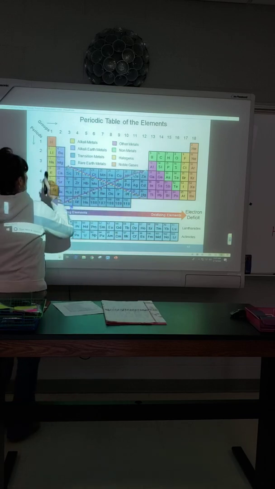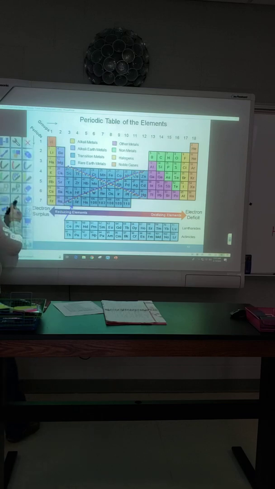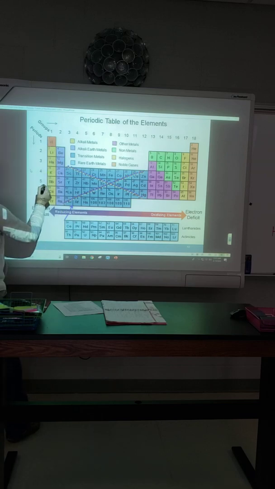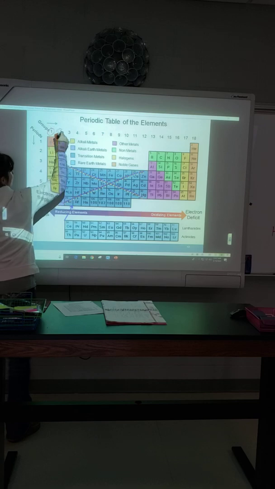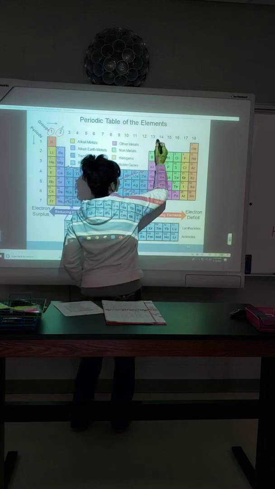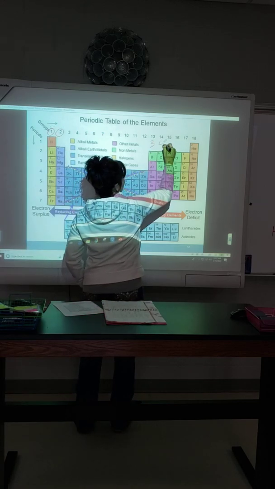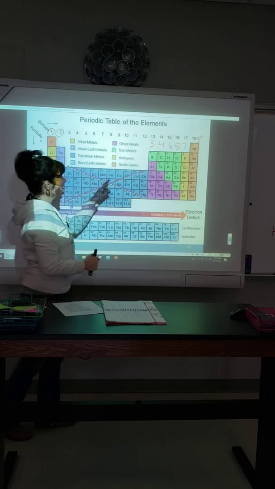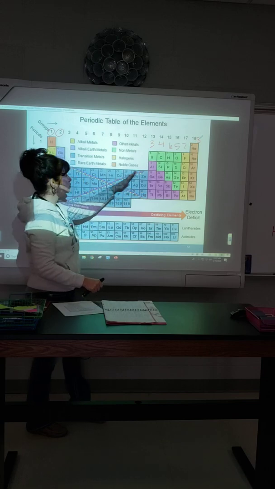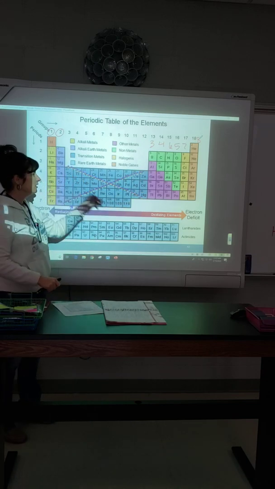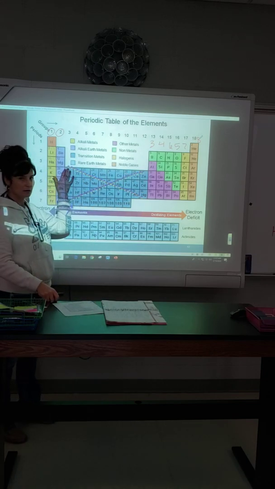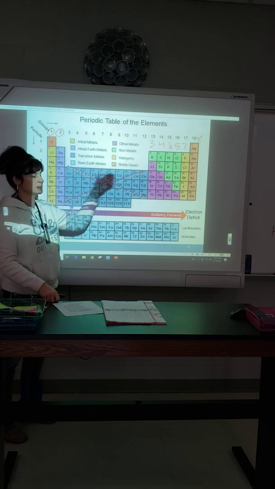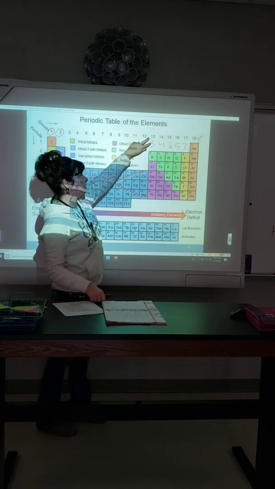And so we would still have 1, 2, and then here we would have 3, 4, 5, 6, 7, and 8. Notice how once you cross the transition metals, there's actually 10 columns. And so it's like we're subtracting by 10.